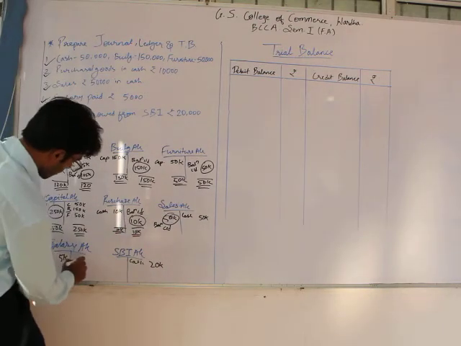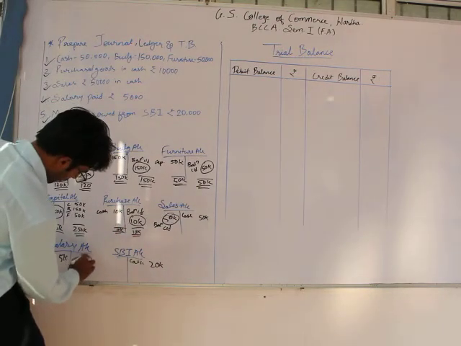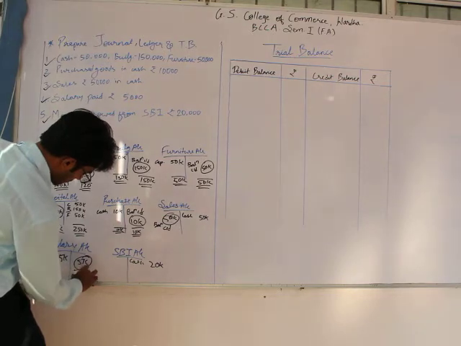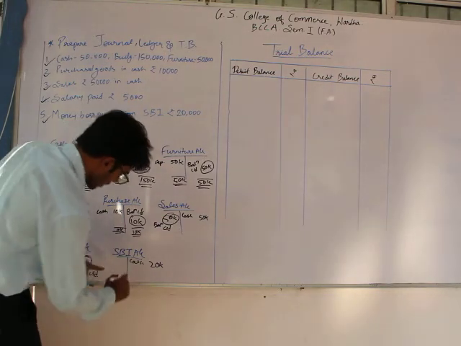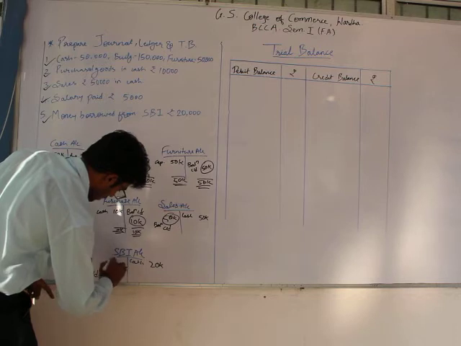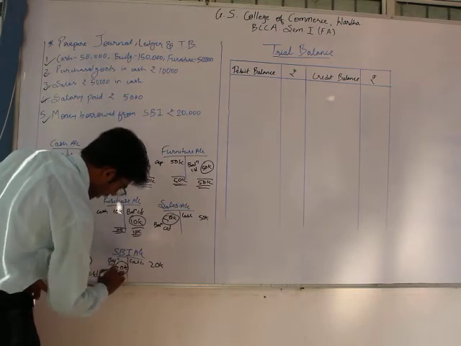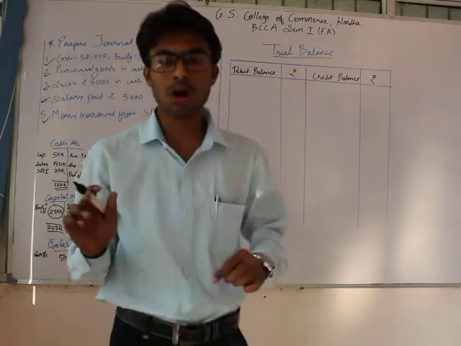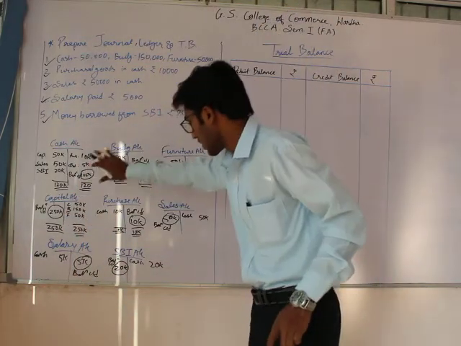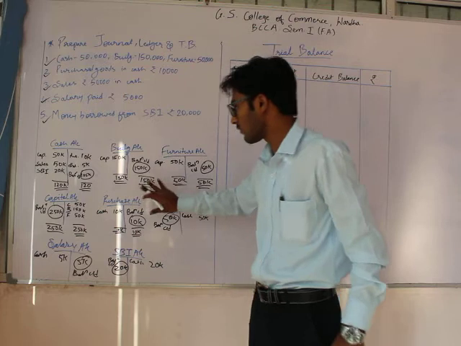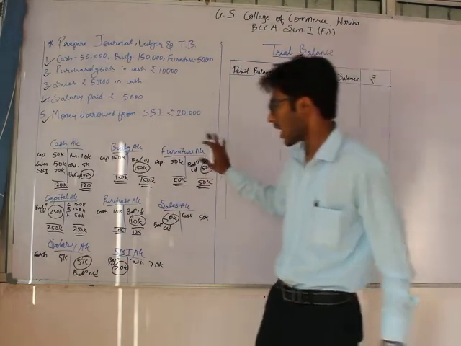Done. And salary 50k, this is also balance c/d. Very easy. And here 20k, balance c/d.